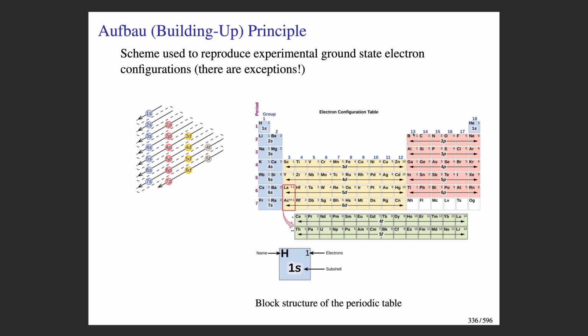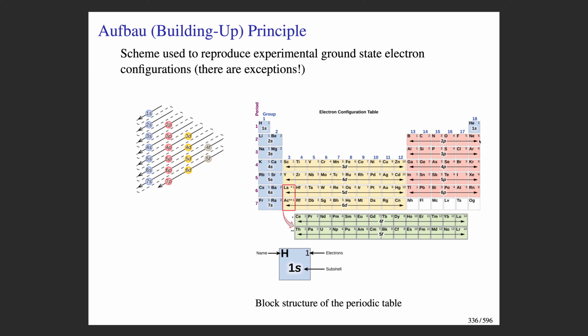So boron corresponds to 1 electron in a 2p orbital, carbon, 2 electrons in the 2p orbitals, nitrogen would be 3 electrons, and then the 2p orbitals themselves, all 3 of them, can hold a maximum of 6 electrons. So this row of atoms corresponds to putting electrons into a set of 2p atomic orbitals.